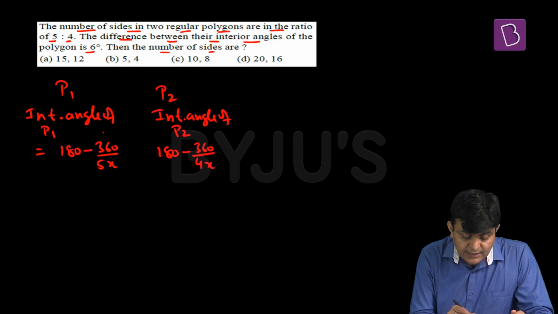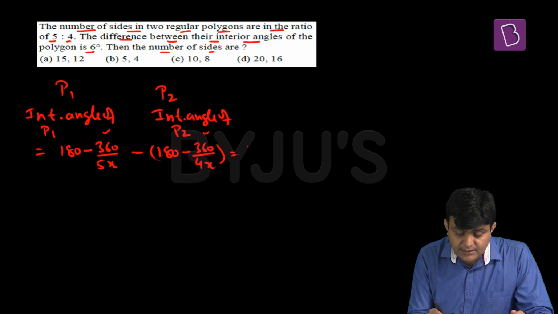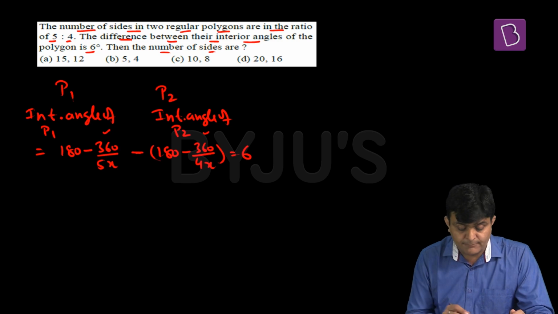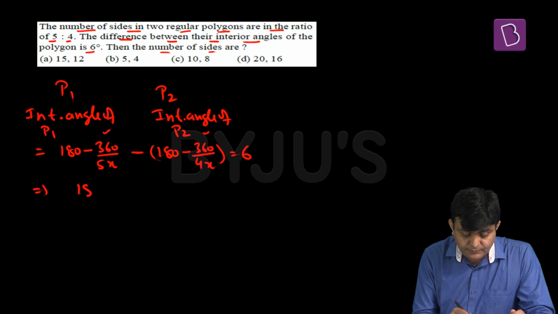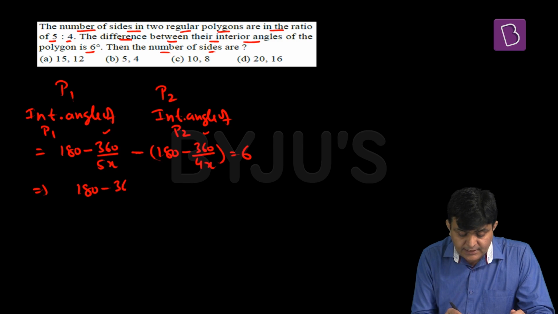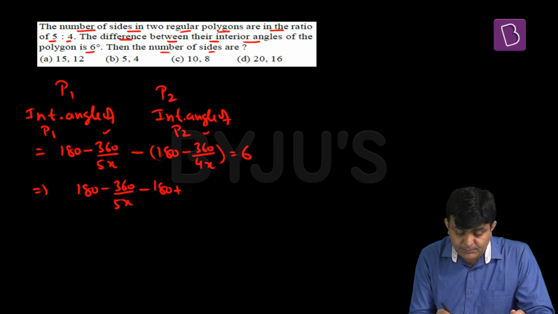Done. If we take the difference between this internal and this internal, it is given to us as 6 degrees. So the next step is 180 minus 360 by 5x minus 180 plus 360 by 4x is equal to 6.